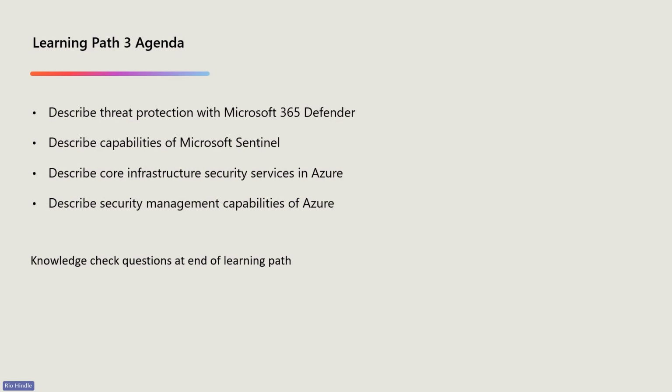Describe capabilities of Microsoft Sentinel, which once again we referenced earlier in regards to that SIEM solution, so that's security information and event management solution. Describing core infrastructure security services in Azure, such as Azure Bastion, firewall, web application firewall, that type of stuff, and then describe security management capabilities of Azure.